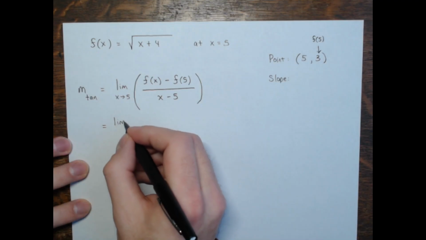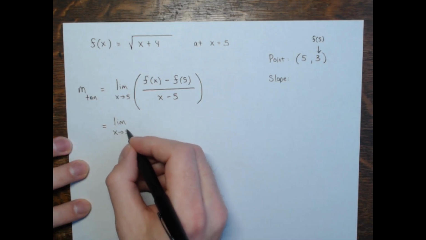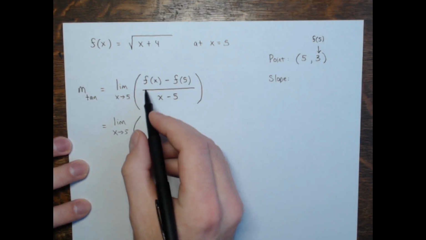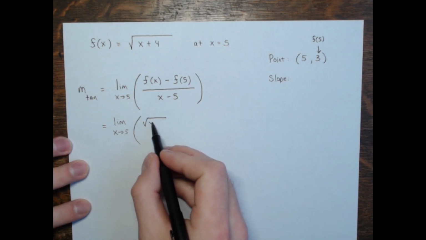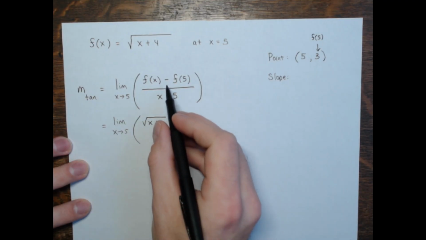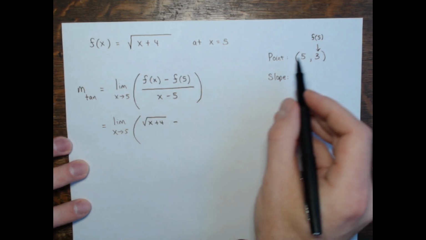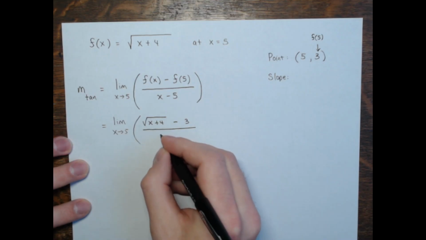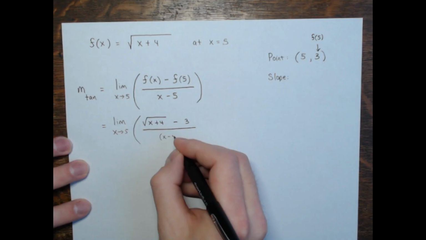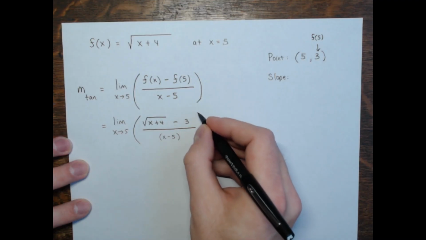So this is the limit as x approaches 5 of, f at x is just this, that was given. This is square root of x plus 4 minus, we just saw f at 5 is 3. So that's in the numerator. And then the denominator has only x minus 5, so I'm going to put that in parentheses.